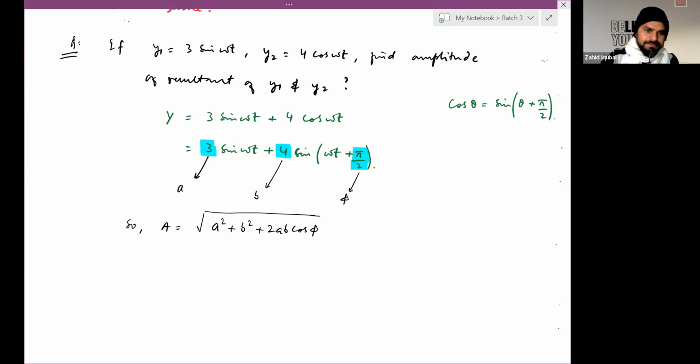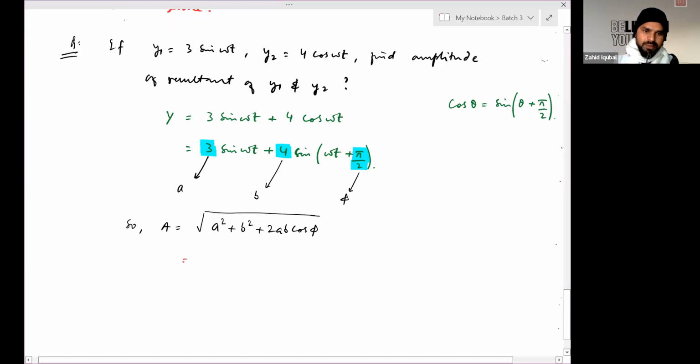Let me solve. A, we have 3, so 3 squared. B, we have 4, so 4 squared. Plus 2 times A multiplied by B, and cos of pi by 2.